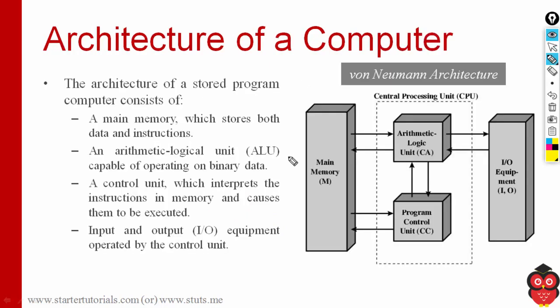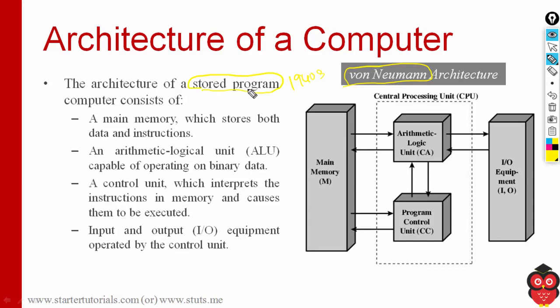So here we can see the general architecture or block diagram of a computer. If you look at a computer, what are the main parts you can see? In the 1940s, a person called von Neumann proposed a concept called the stored program concept.